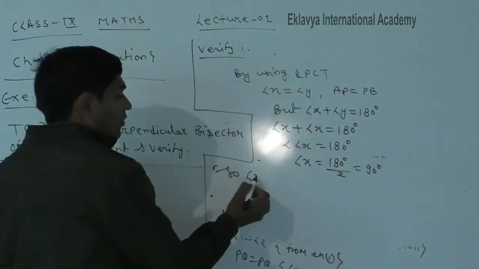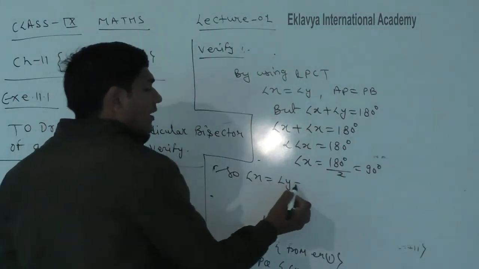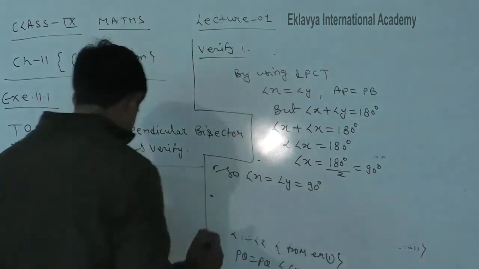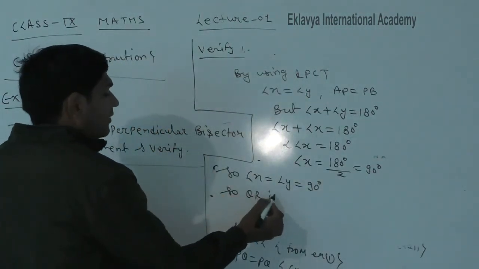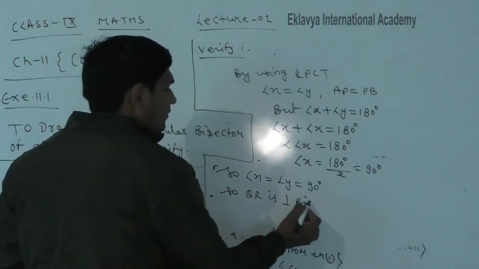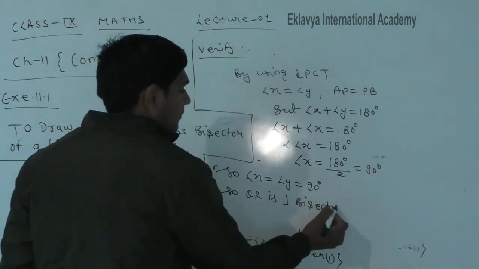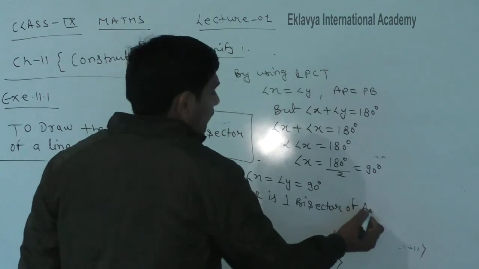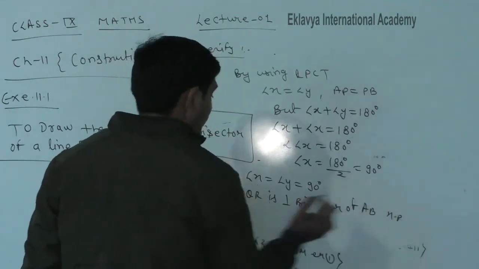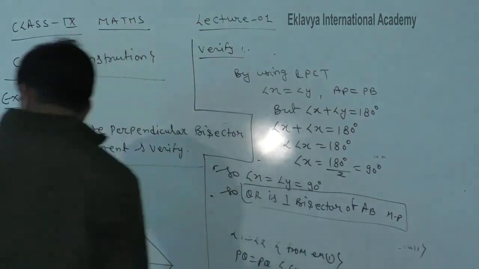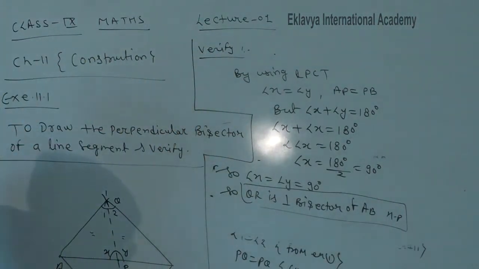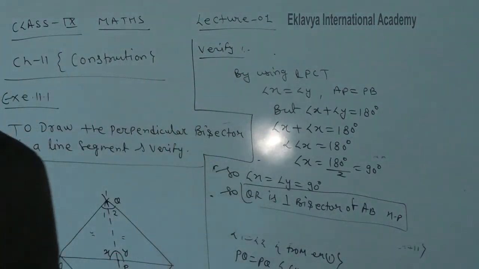So x equals y equals 90. So QR is the perpendicular bisector of AB. Hence, students, that is the justification of the perpendicular bisector of a given line segment.